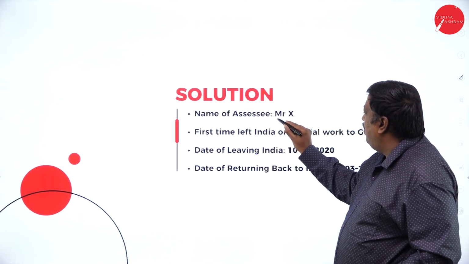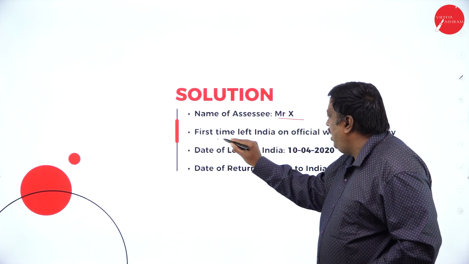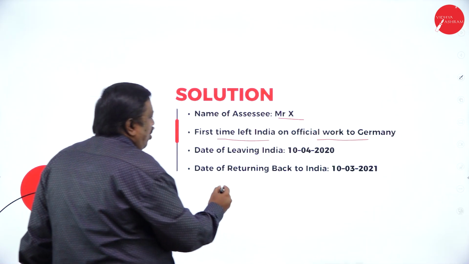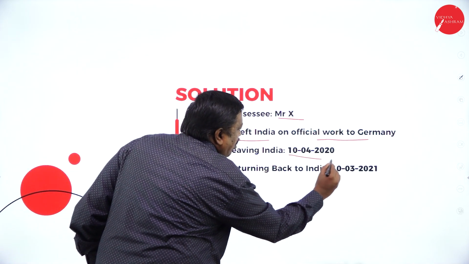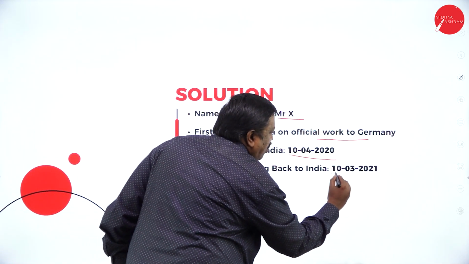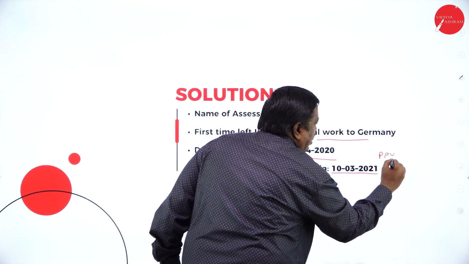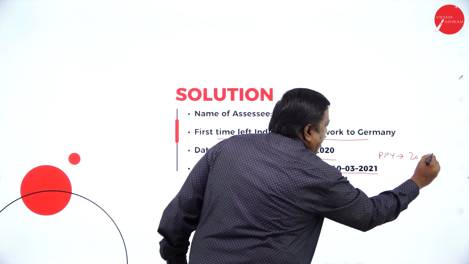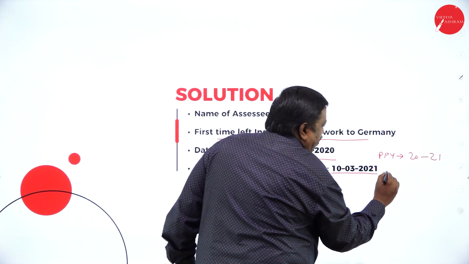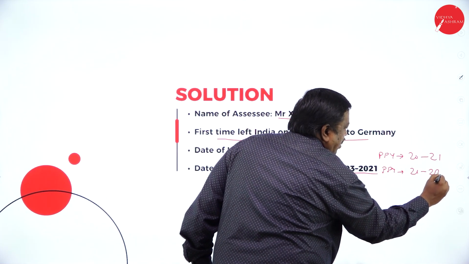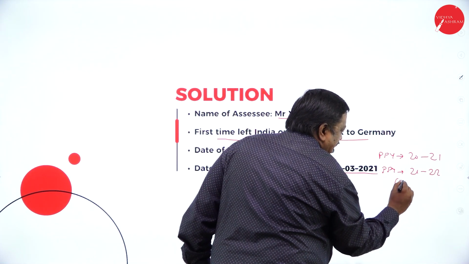Name of the assessee, Mr. X. First time he left India on official work to Germany. Date of leaving India, 10th April 2020, returning 10th March 2021. This is the preceding previous year, 2020-21. In the preceding previous year 2021-22, I was in India.